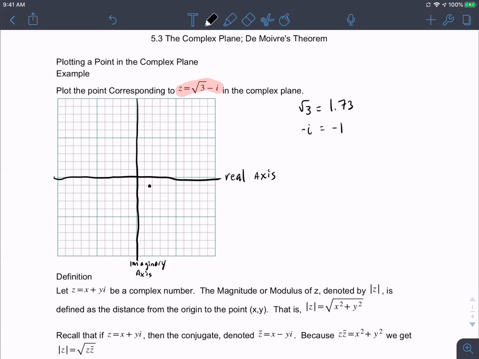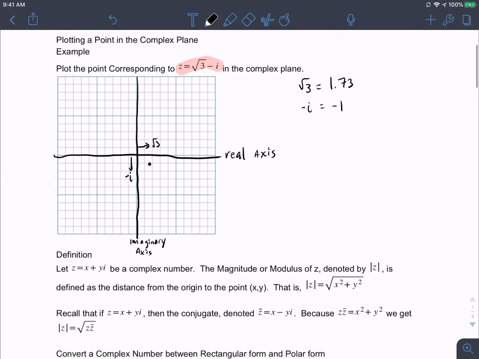That would be where we locate that point, going over radical 3 and then going down that imaginary negative i. And that's how you plot that. That's really how simple that is. You're just going to have to do some practice with that, but it should be very straightforward.